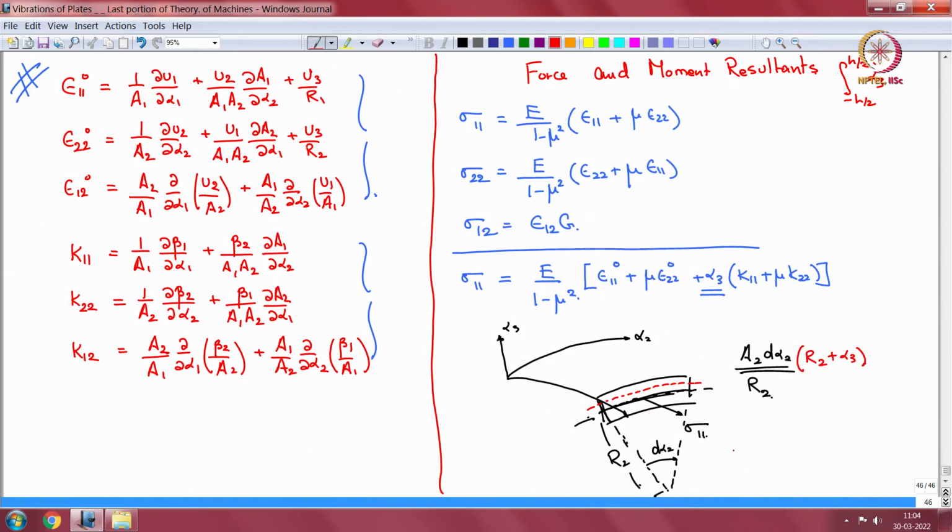Okay. So, therefore, a length element at a general location is A2 d alpha 2 (1 plus alpha 3 by R2). Okay. So, the area element now will be this length into d alpha 3. So, that is an area element, this. So, this is d alpha 3.